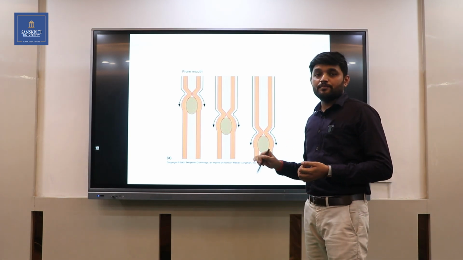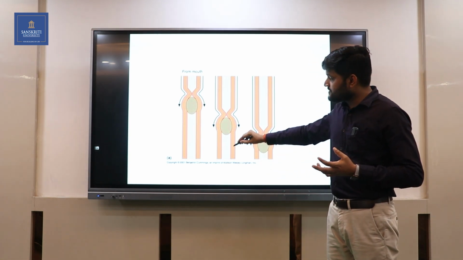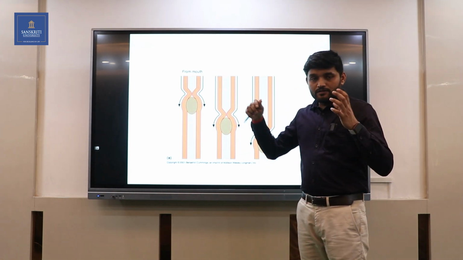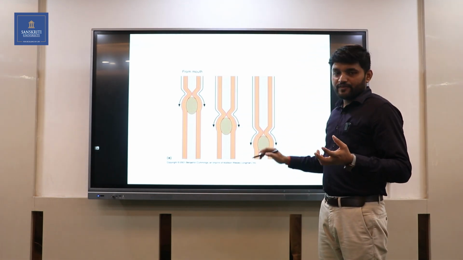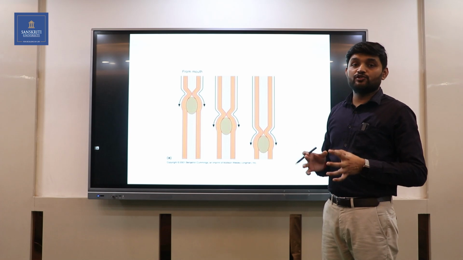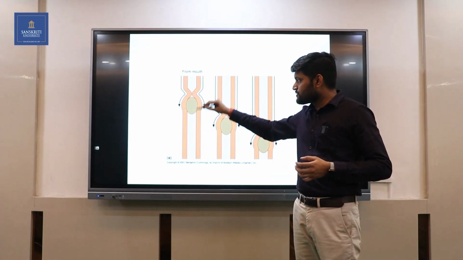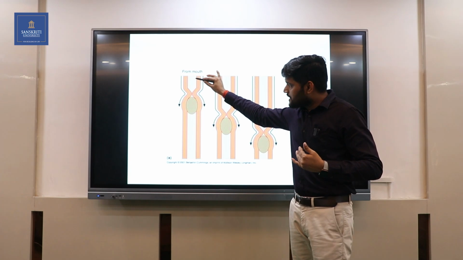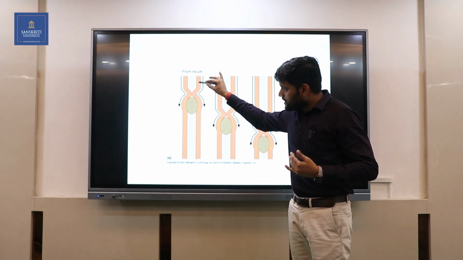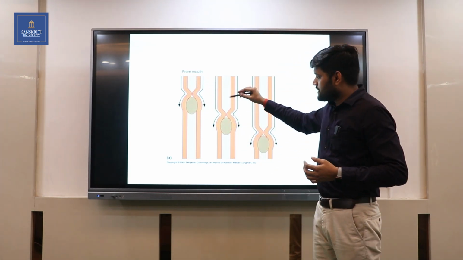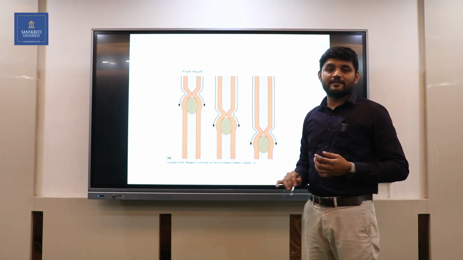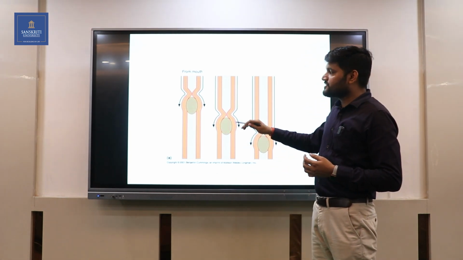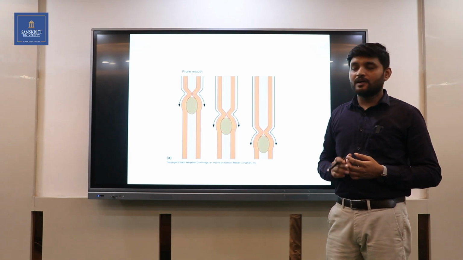This is the process of the bolus entering the stomach. You already know the esophagus is a muscular tube. When the bolus is swallowed, it enters that muscular tube, and one movement is created. Which movement? Peristalsis movement. What is peristalsis movement?